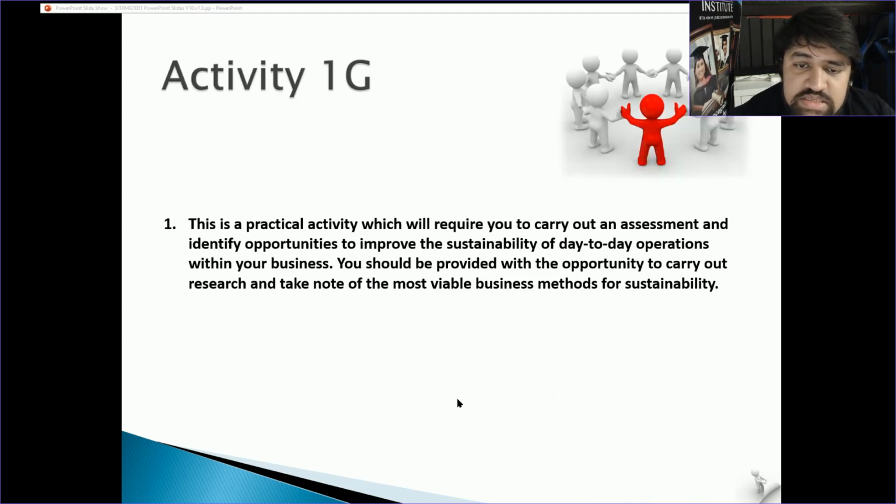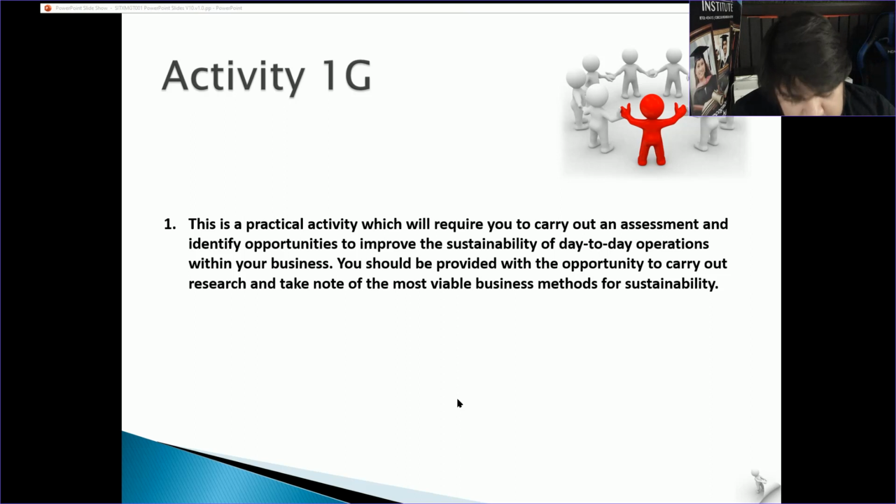So we're on to 1G. We're talking about carrying out an assessment to identify opportunities to improve the sustainability of the day-to-day operations within our business. We should be talking about the opportunity to carry out research and take note of the most viable business methods for sustainability.